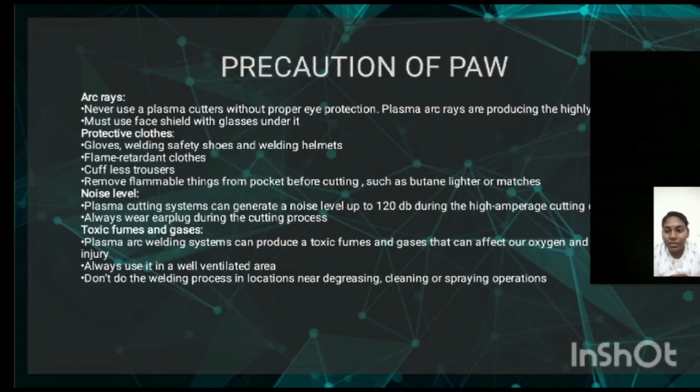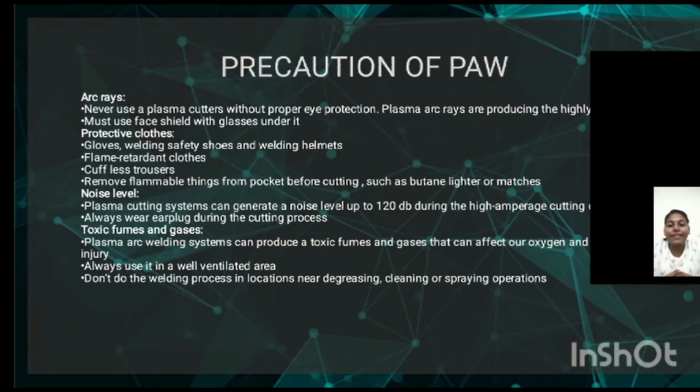Next is protective clothing: gloves, welding safety shoes and welding helmets, flame retardant clothes, cuffless trousers, and remove flammable things from pockets before cutting, such as butane lighters or matches. Next is noise level. Plasma cutting systems can generate a noise level up to 120 dB during high amperage cutting operations. So always wear earplugs during the cutting process.